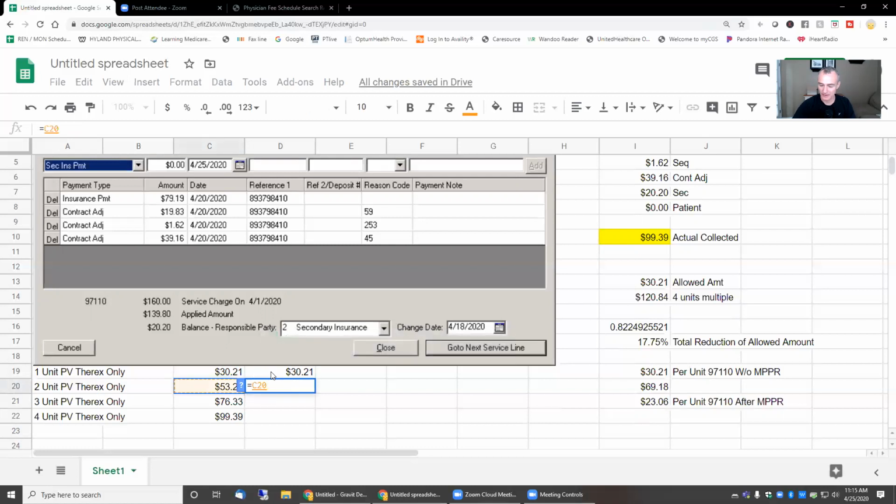This is going to equal that divided by 2. This is going to equal that divided by 3. This is going to equal that divided by 4. When we look at reimbursements, averaging and including the effect of MPPR, you can see how our numbers obviously go down, right? So this accounts for pretty much a 20% reduction.